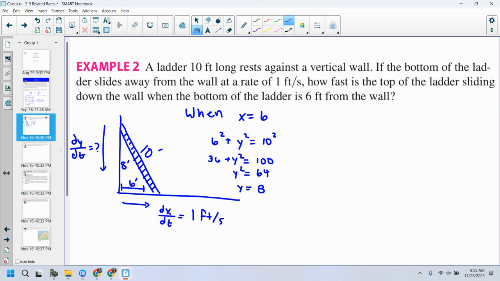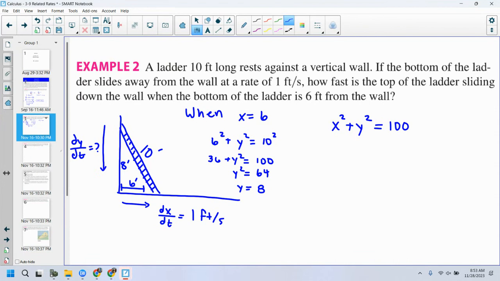So this is the instantaneous moment. When x equals 6, y equals 8. That's when I want to find the rate of y. Okay, so now let's use that same Pythagorean formula to link the rates of x and y together. x squared plus y squared equals 100, 10 squared, right?